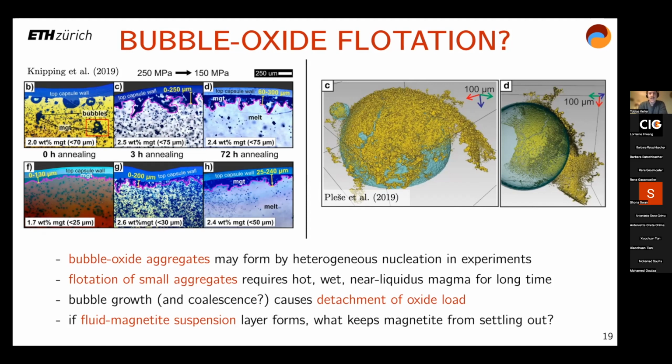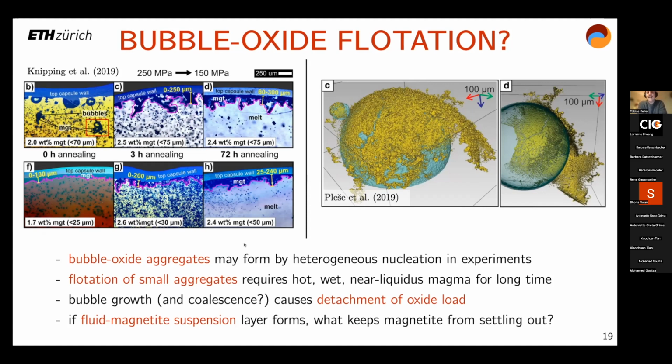So on the left side of the experiment, we can see some of these magnetites that have actually traveled to what was the up direction of the experimental capsule. So they formed aggregates, and small aggregates floated up in the capsule. However, they could calculate the approximate flotation rates given the duration of the experiments and the amount of magnetite accumulated.